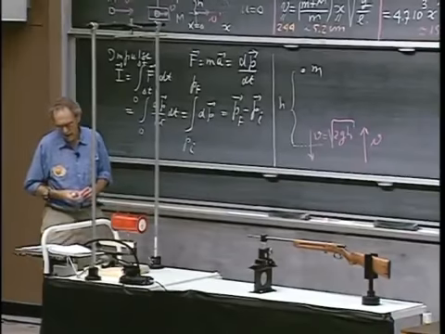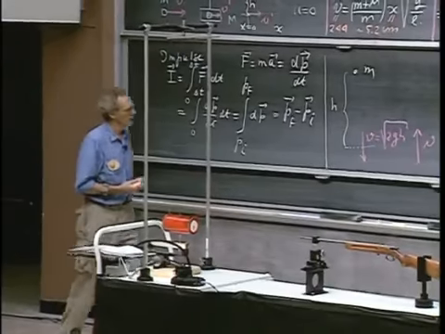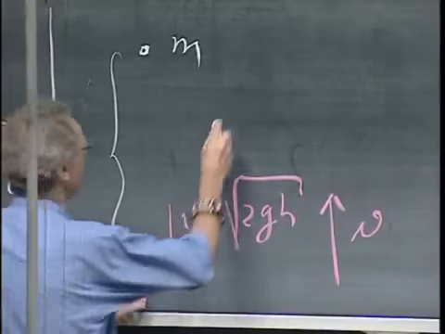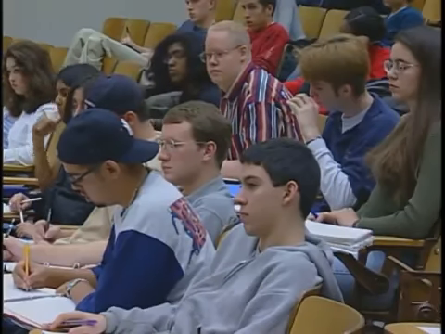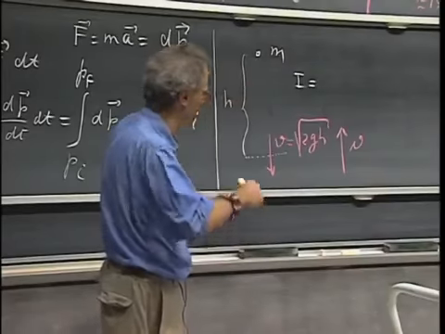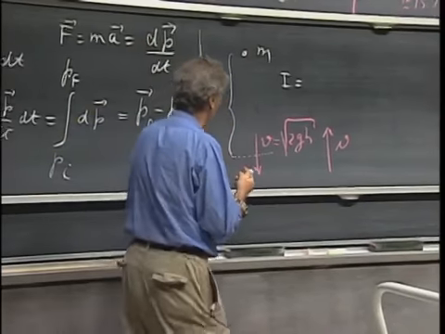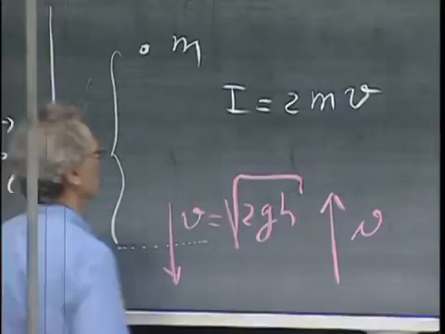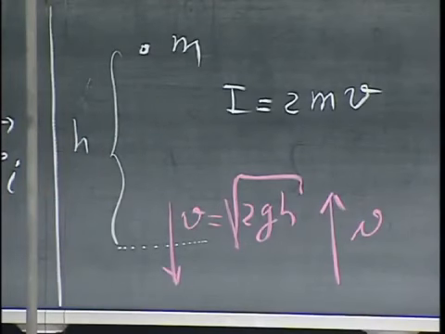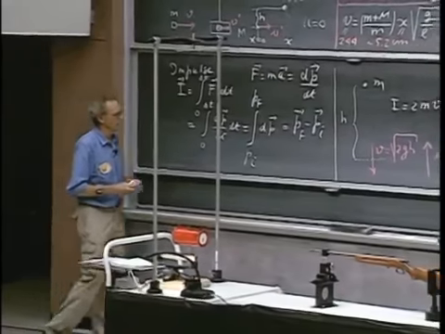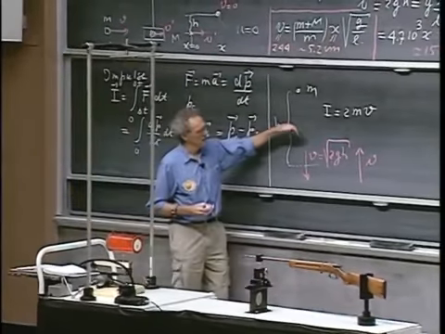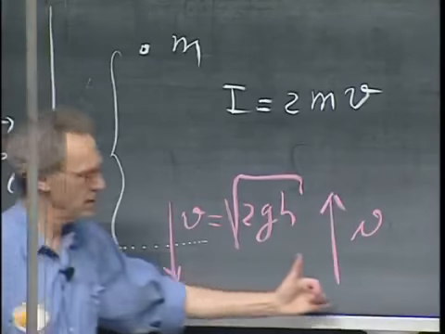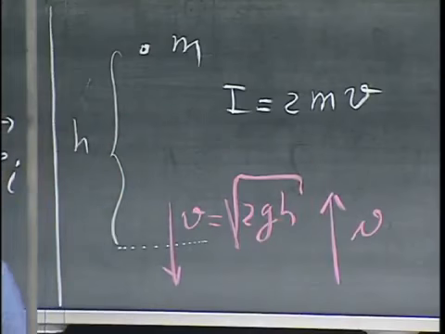And if that were indeed a completely elastic collision, then the impulse that the floor gives to the ball as the ball hits it equals 2mv. The ball changes its momentum. It was first mv in this direction, and now it's mv in this direction, so the change is 2mv.